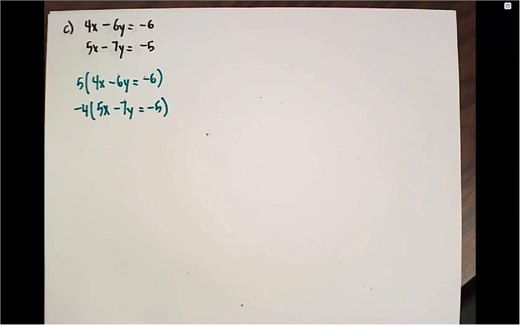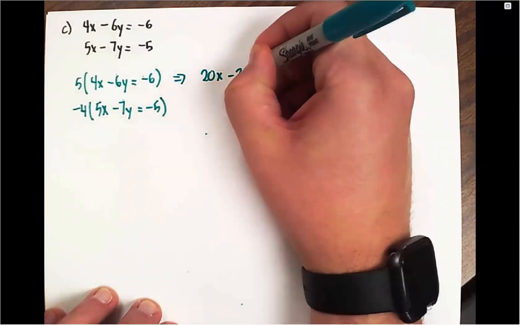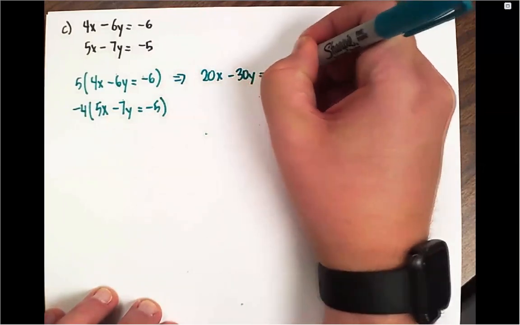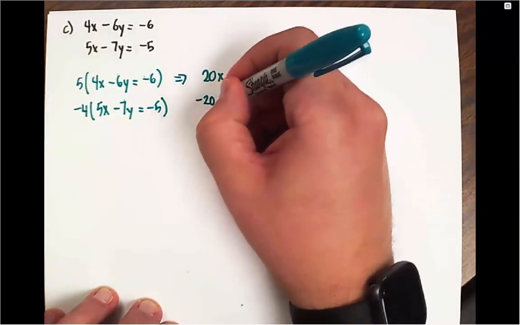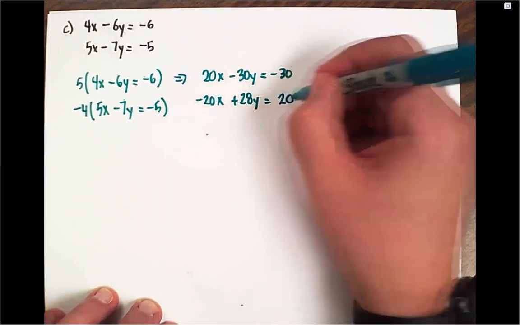It's your choice. But I decided to get rid of x. So this is how I'm doing it. So my equations become 20x minus 30y equals negative 30. And negative 20x plus 28y equals positive 20.